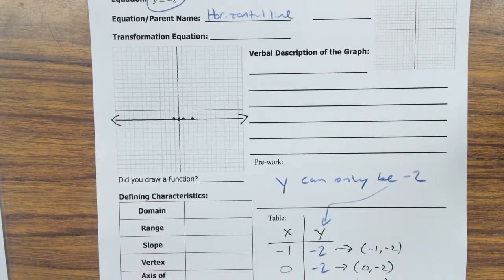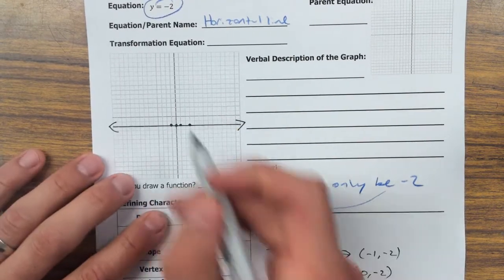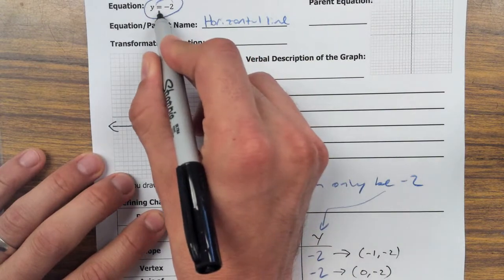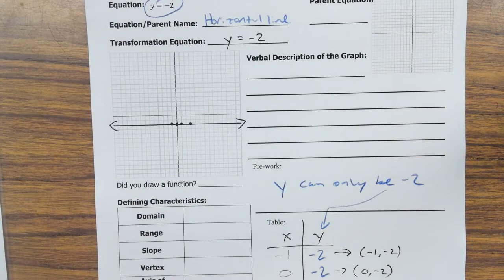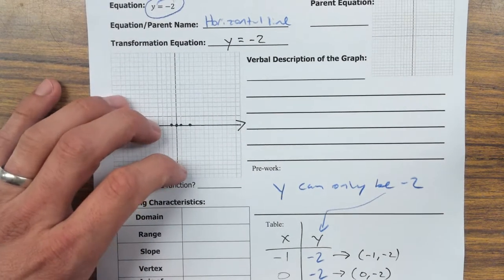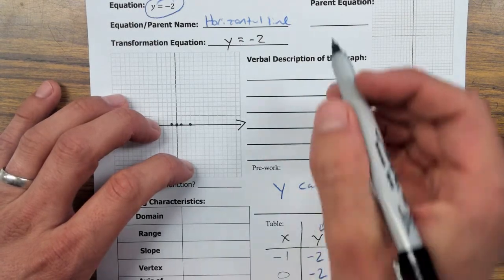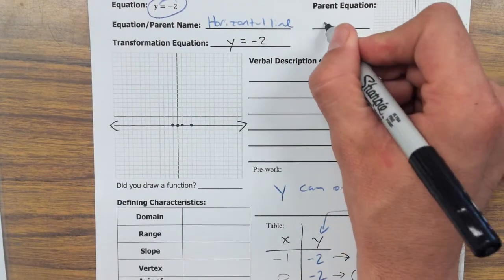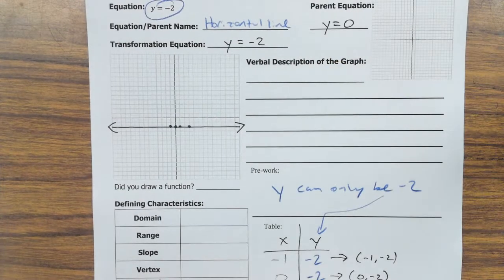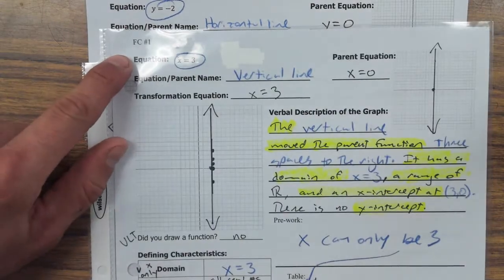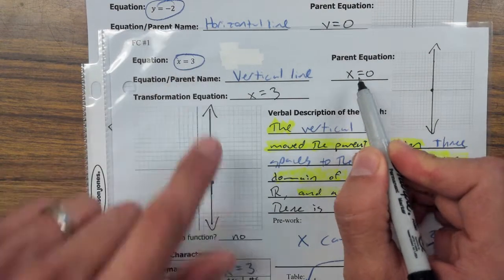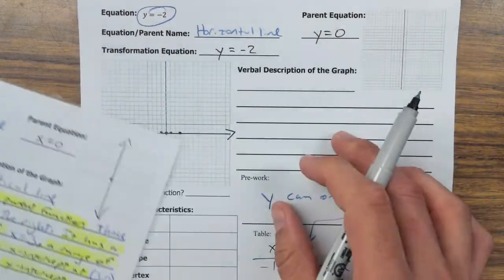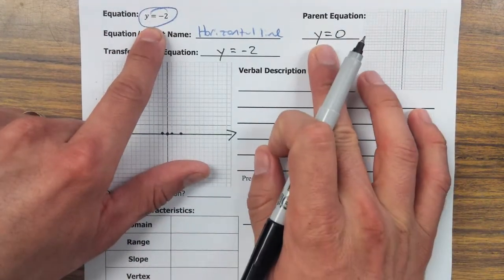Now, going back to the top, what is the transformation equation for a horizontal line y equals -2? A horizontal line always has the same transformation equation as what it is. Why is that? The parent function for this problem is y equals 0. If you go back to FC1, the parent function for x equals 3 was x equals 0.